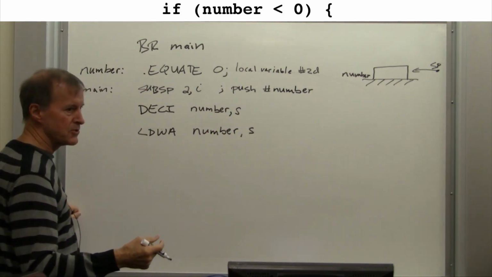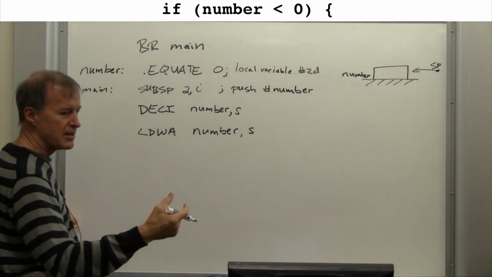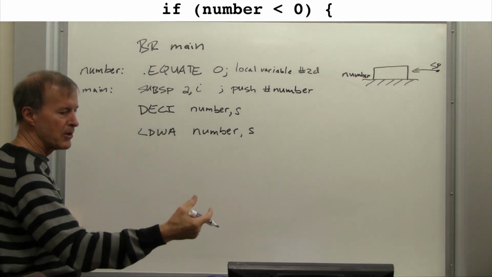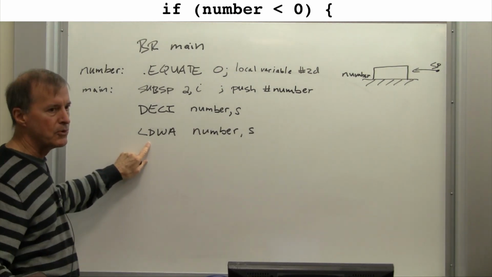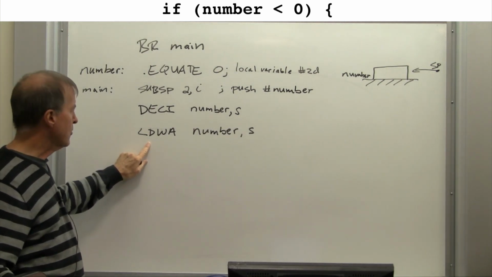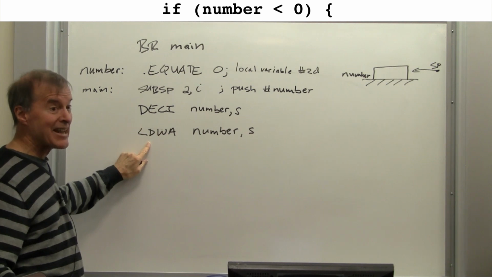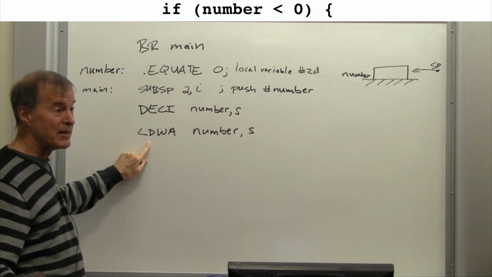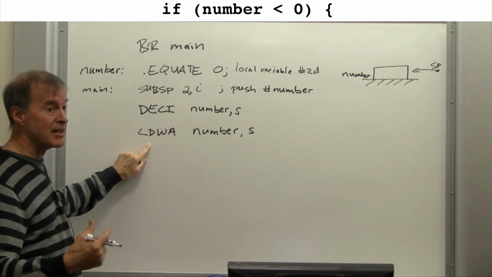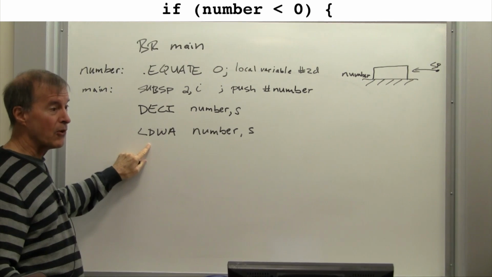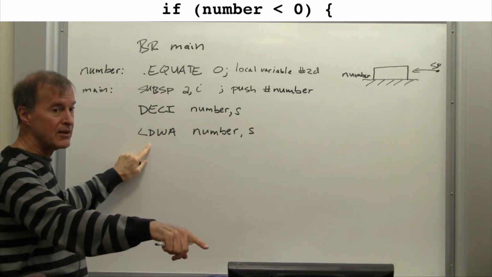Now here's what this will do. This will take the value of number and put it into the accumulator. And if you go back and review what load word accumulator does, it sets the n bit and the z bit. So when you actually load it, the n bit and the z bit will be set. And so therefore, we are now ready to do the test of the if statement.